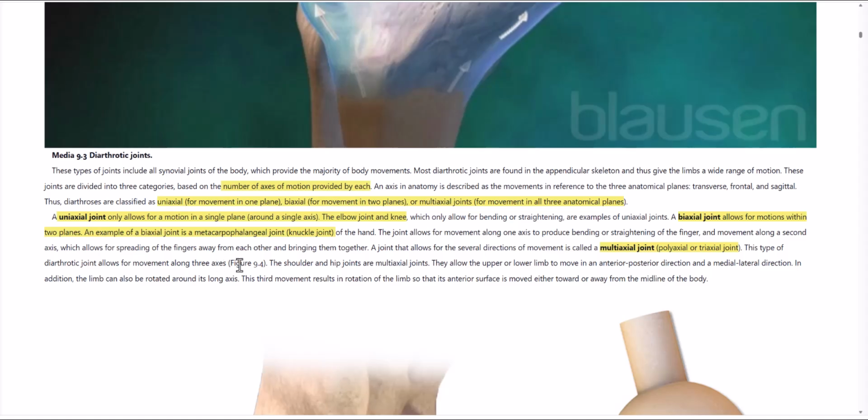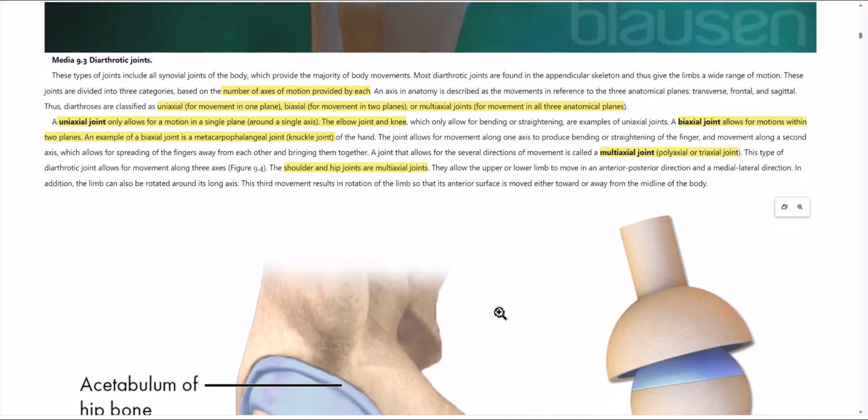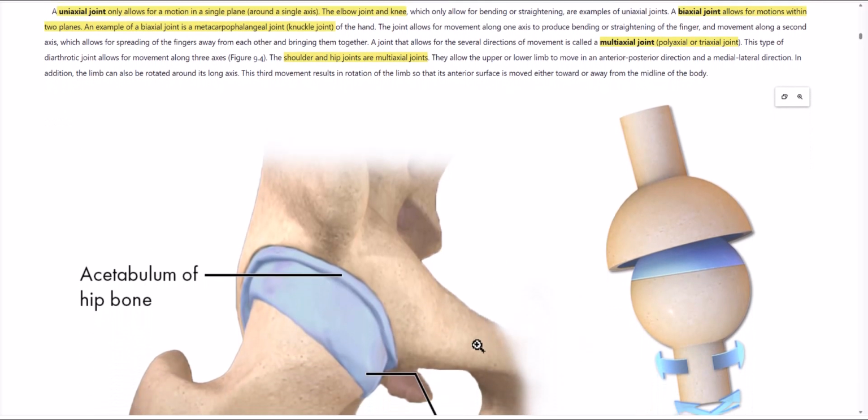But the two main examples of the multiaxial joint are your shoulder and your hip joints. Okay, those are multiaxial joints. Because you can imagine your shoulder, man, you got lots of mobility as you rotate your shoulder around, as you move up and down, side to side, back to back. You have lots and lots of movement, multiple directions in your shoulder and hip.